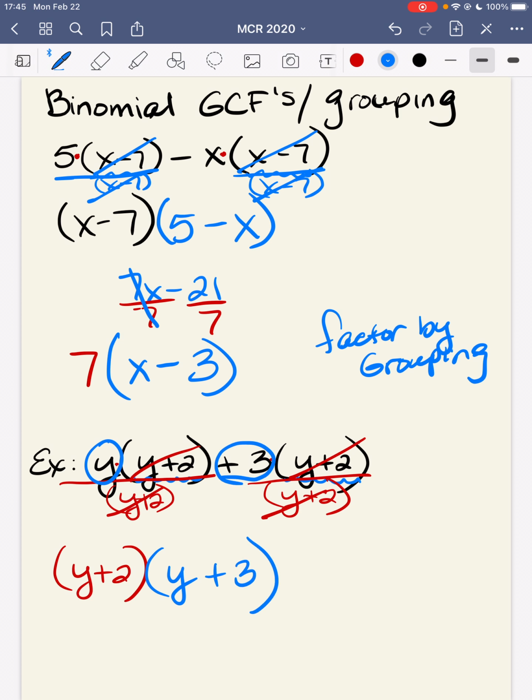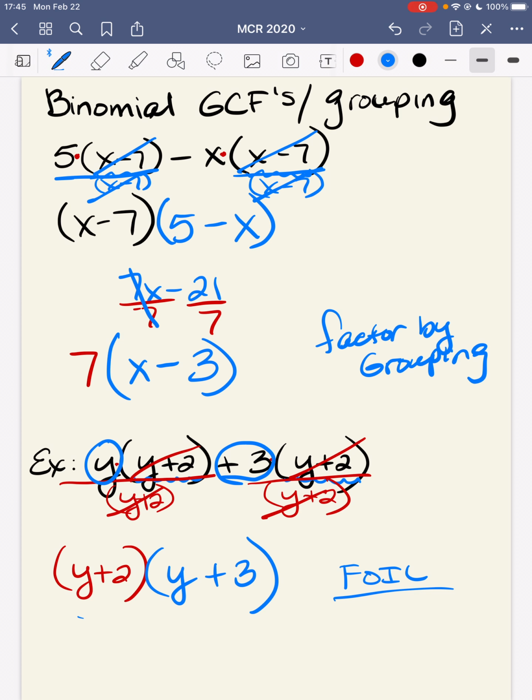Now what happens is when we do a full factoring by grouping, when we FOIL this, we should get back to our original problem. So this is a step of the factoring by grouping. We've already been looking at it.